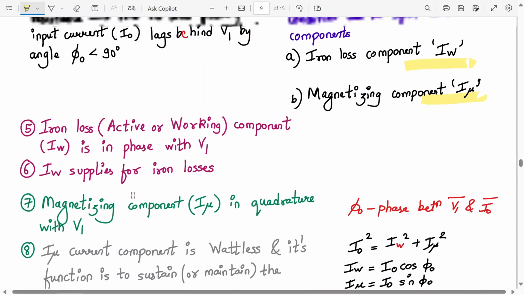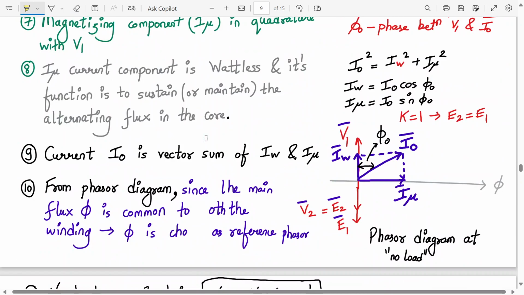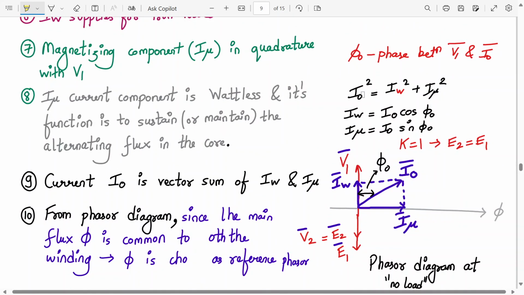All right. So in absence of an output load, I2 is 0, I1 becomes I0, and I0 is IW plus I mu. So here it is, I0 square will be IW square plus I mu square. Here you have two components now, I mu and IW. Now IW is around somewhere around phase shift of phi naught. Here is my I naught, the resultant current.